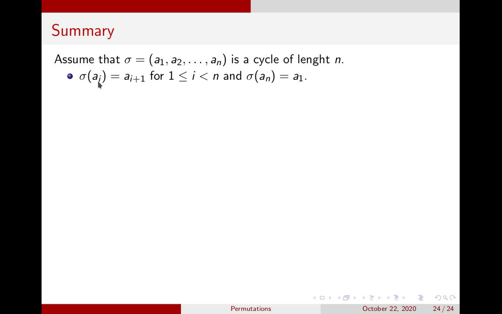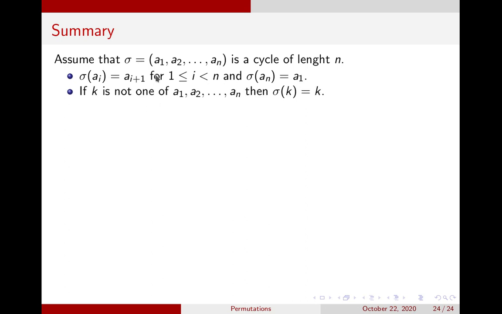This means that for each i between 1 and n minus 1, sigma of a sub i is a sub i plus 1. This simply says that for any of the first n minus 1 elements of the cycle, you get sigma of that element by taking the next element appearing in the cycle. And sigma of the last element in the cycle is the first element in the cycle. This is simply the definition of the cycle notation.